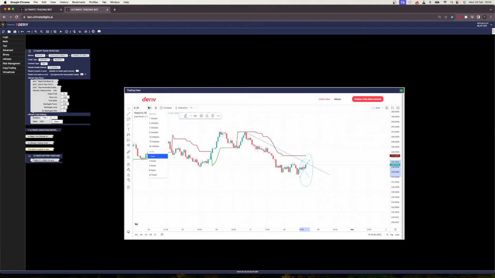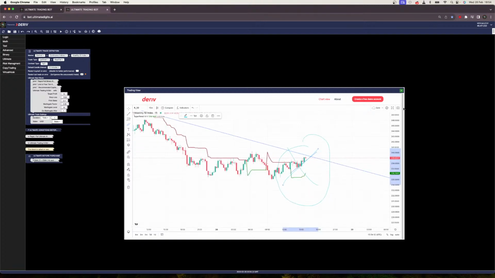But on 15 minutes time frame, you can go to 15 minutes time frame, price has broken structure and it's now on an uptrend direction. And also on 5 minutes, let's check on 5 minutes.